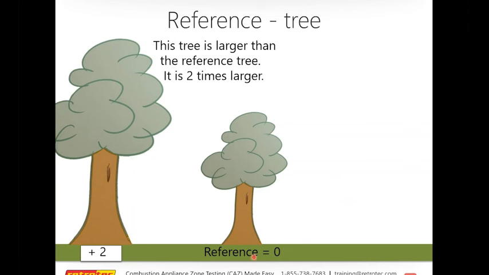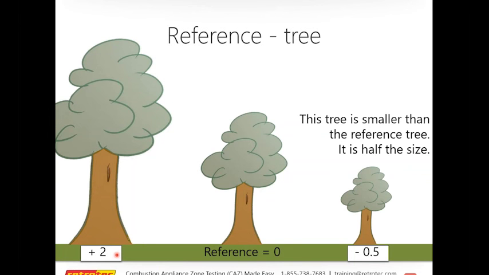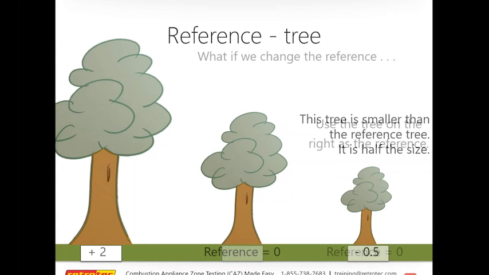This tree with reference to this source is +2. We're going to give that tree a number. And then the smaller tree, that's about half the size, the number we assign to that one with reference to the middle one is -0.5 because it's half the size.